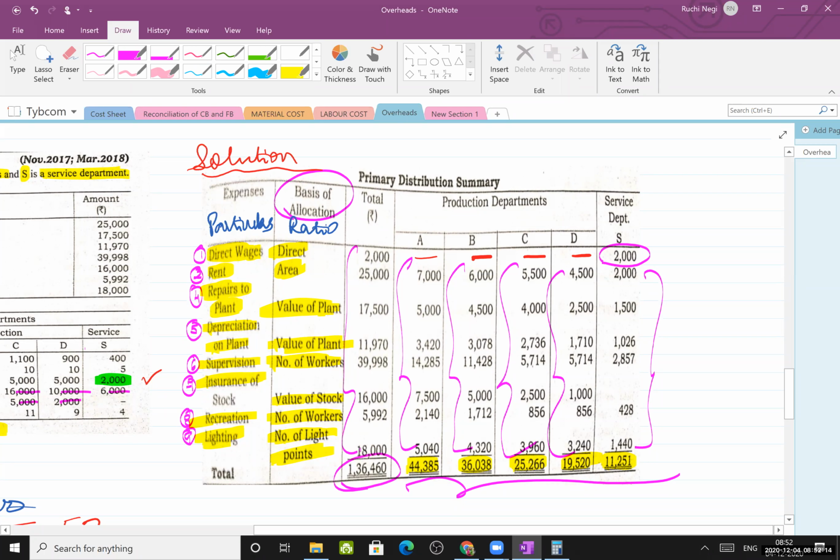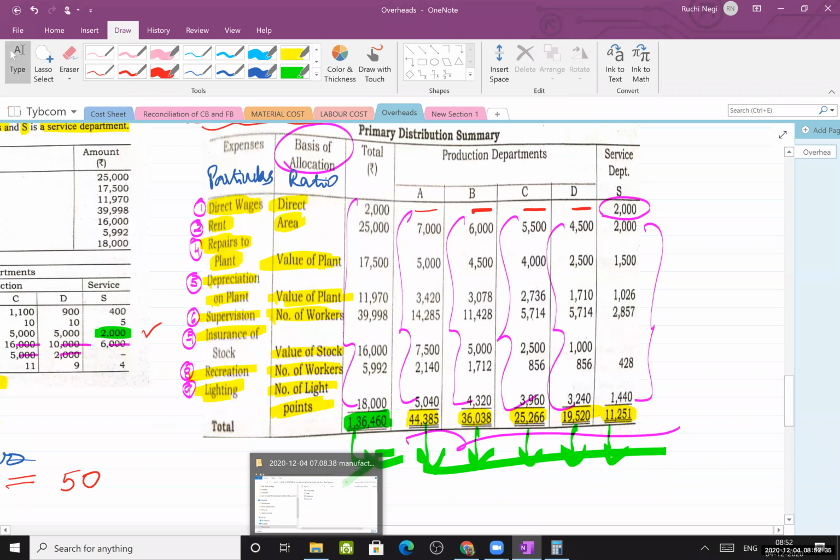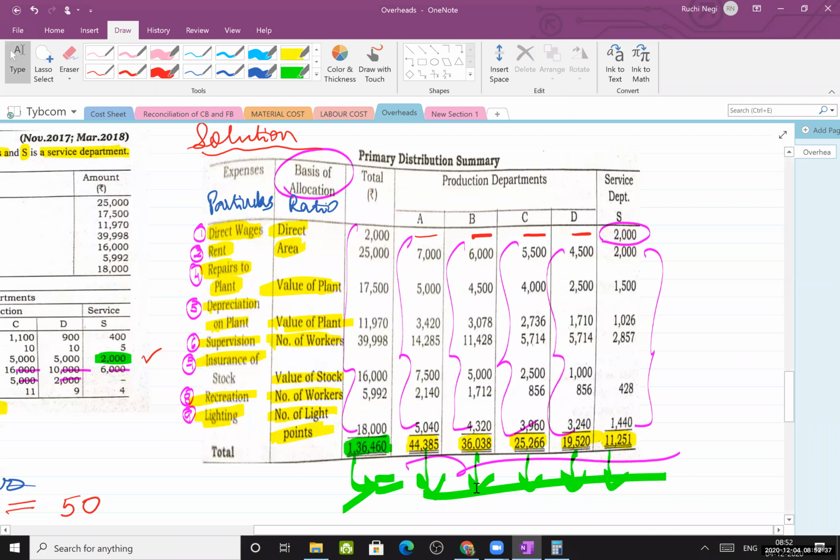It has to match. If it doesn't match, obviously it means you're doing something wrong. Okay. So this was the highlight. When you add this, the total of this should be equal to this. This is called binary distribution of overheads.